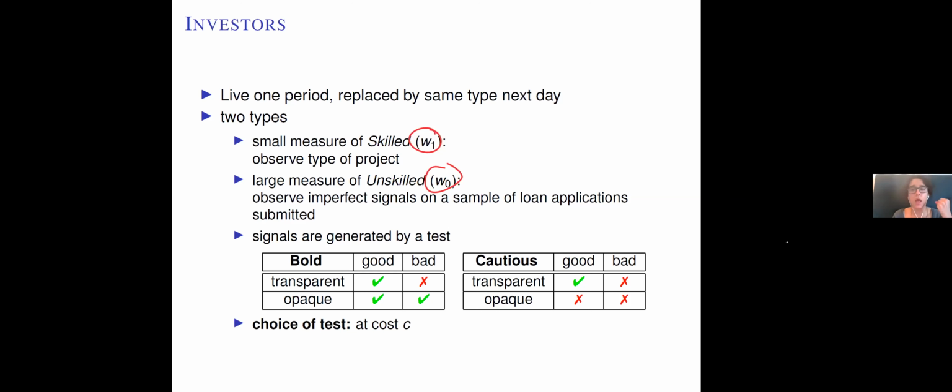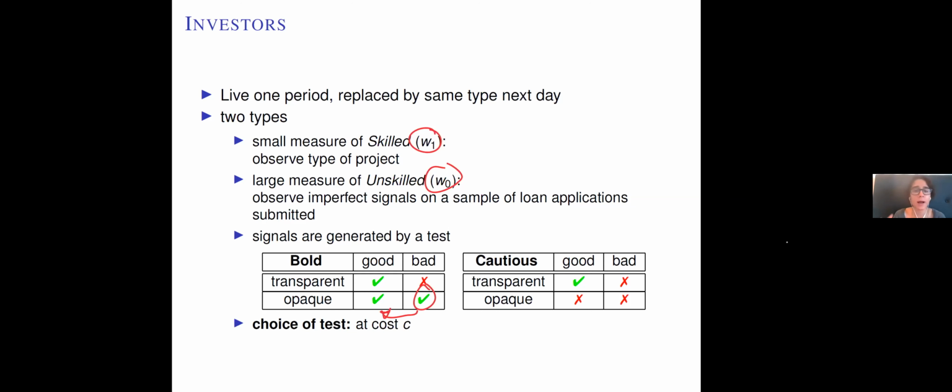A bold test is a test which has false positive mistakes. What does that mean? It means any project which is good, whether it's opaque or transparent, it says it's good. However, it pools bad opaque projects with good projects. So it's false positive.